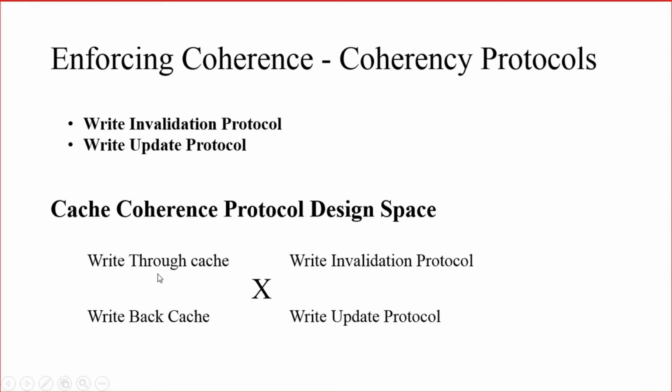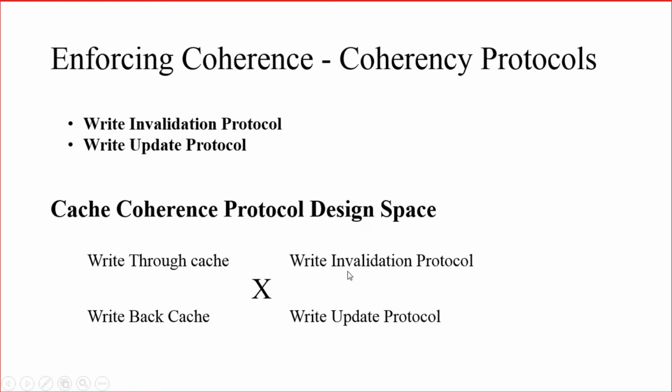Another one is write through cache with write update protocol. Similarly, the third is write back cache with write invalidation protocol, and the fourth is write back cache with write update protocol. Since we have 2 types of memory and 2 types of protocol design, we can have 4 types of coherence protocol design.